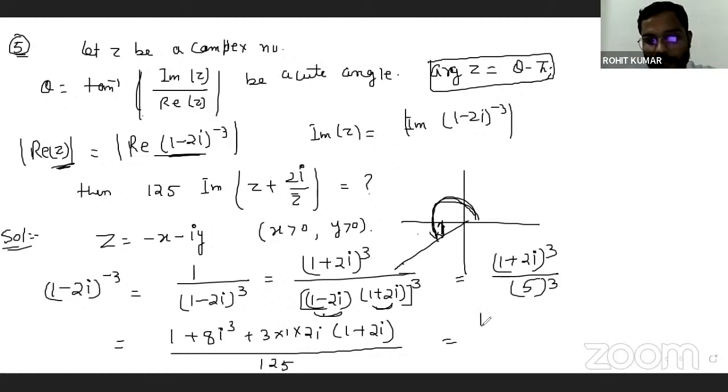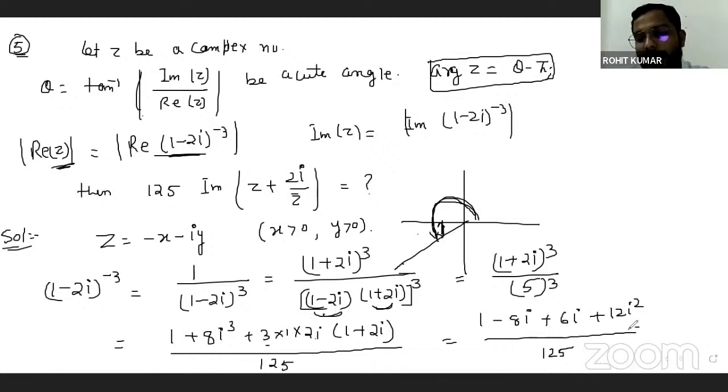So this is 1. 8i cube is equal to 8 into i cube, that is minus 8i, plus 3 into 2, 6i, plus 12i square, divided by 125. 12i square is minus 12. So 1 minus 12 is minus 11 upon 125. This is the real part. And we have 2i upon 125 with a negative sign as the imaginary part.